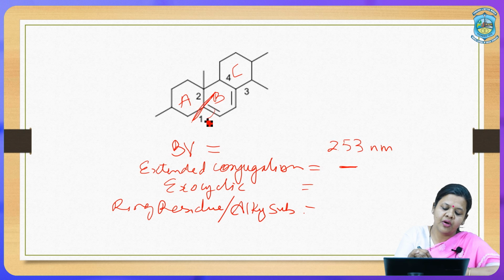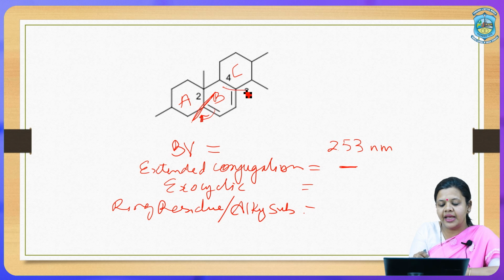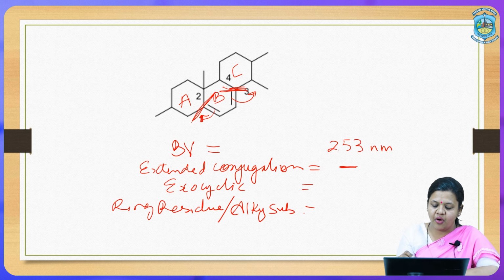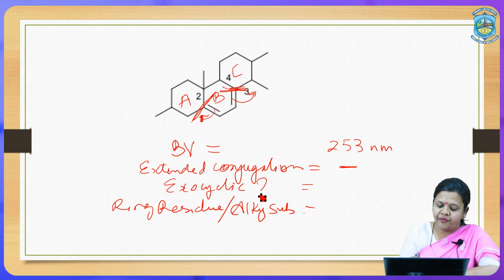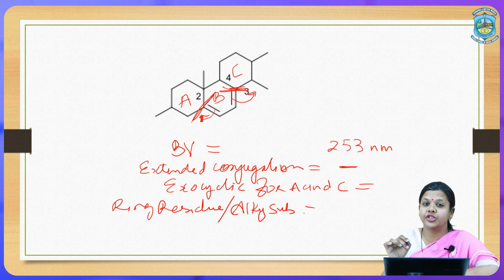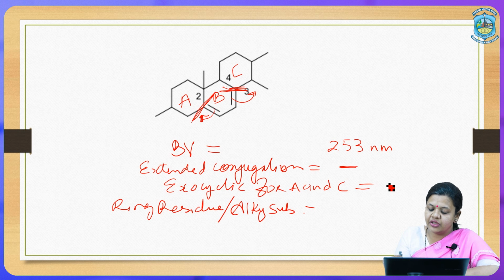Yes, this bond is exocyclic for ring A. For ring C, yes, this bond is exocyclic, but there is no exocyclic for ring B. So, there are 2 exocyclic bonds, for A and C, and for each exocyclic how much are you supposed to add? You are supposed to add 5. So, we will write 2 multiplied by 5.